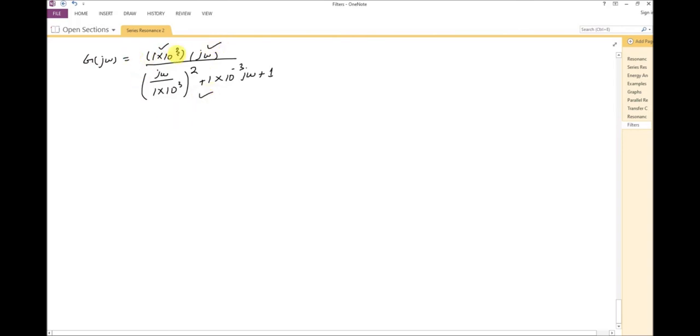So first, to deal with the constant, it will be equal to 20 log the value of constant, 10 raised to minus 3, right? So this is minus 3.